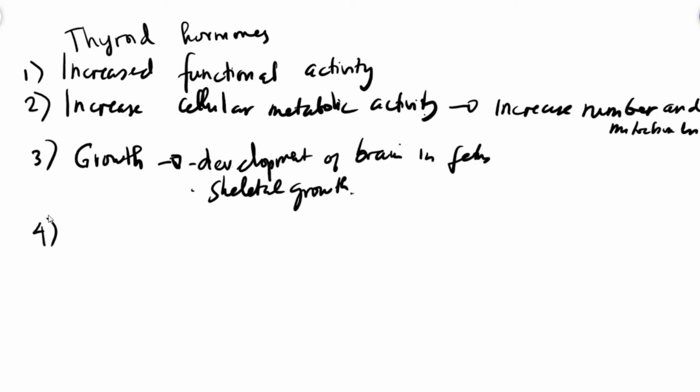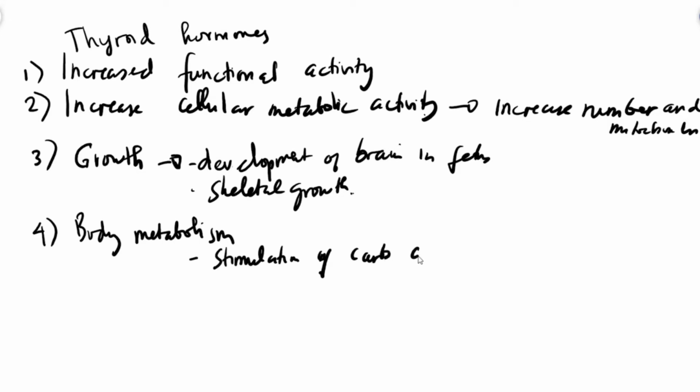The fourth function of thyroid hormone is in the metabolism of our body, body metabolism. The thyroid hormone does this by stimulating carbohydrate and fat metabolism.